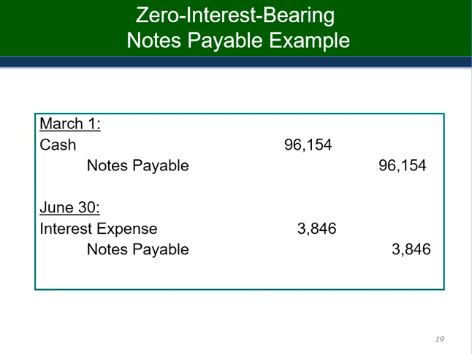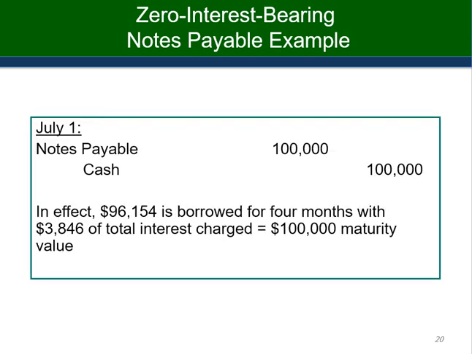So the difference between the amount of the notes payable, $96,154, and the amount that we owe of $100,000 at the end of the 4-month period is interest expense. So the June 30th journal entry reflects the fact that we owe $3,846 of interest plus $96,154 for the note. So then when we pay the next day, we pay $100,000 of cash and we reduce the notes payable. And so the notes payable is gone. So we borrowed $96,154 and had to pay $3,846 of interest for the total amount paid.